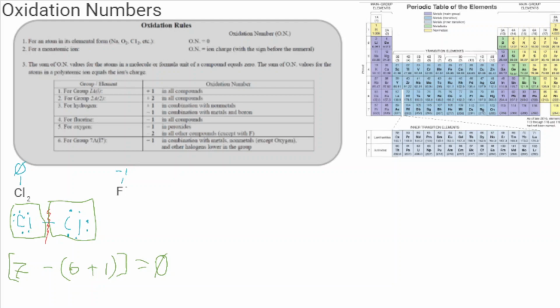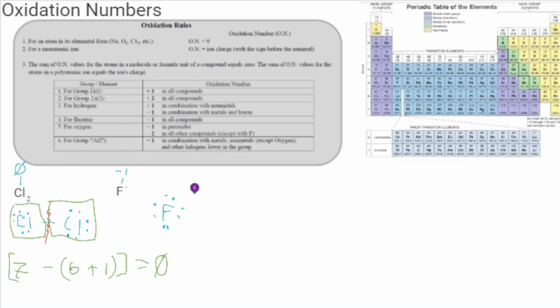And if we were to draw out the Lewis dot structure, we would say, alright, we have our F here, we have our 1, 2, 3, 4, 5, 6, 7 valence electrons. But now we need to add on one more electron due to this charge. So then we'd add in one more.